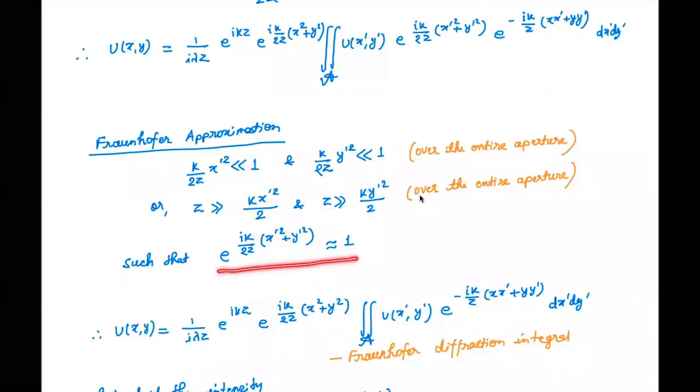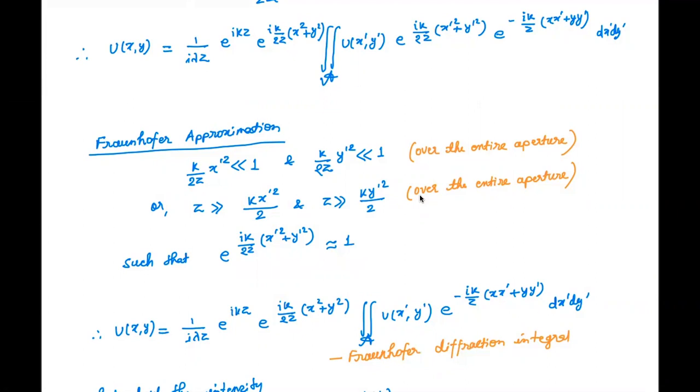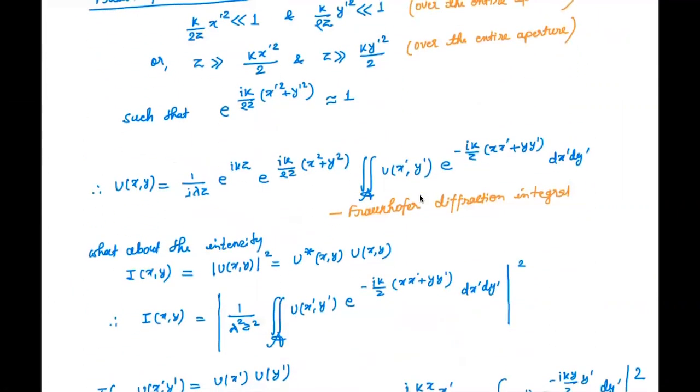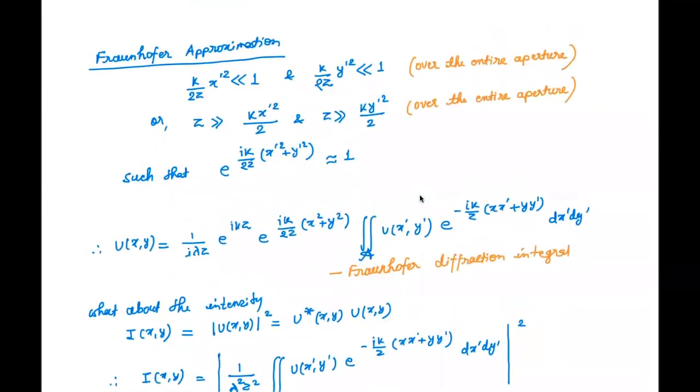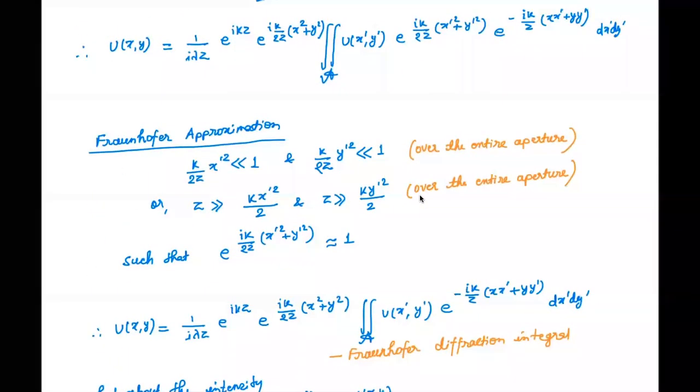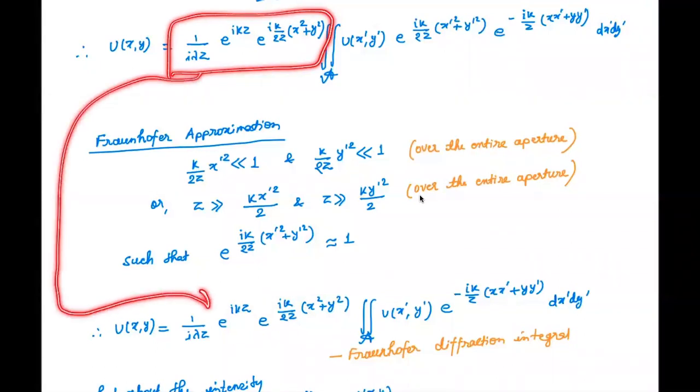And with Fraunhofer approximation, what do we get? It is the exact same thing, except that we don't have this term. Okay, this is gone. So now we can write that integral or the formula as u x y. This term stays. It is the i k z I already have. These are all as they are, no change.